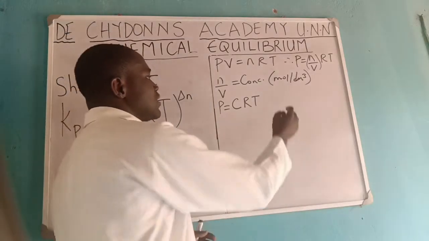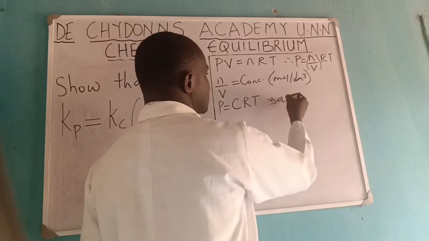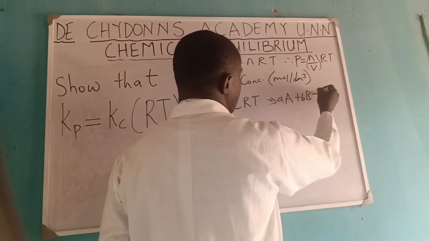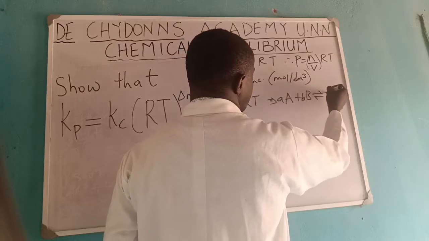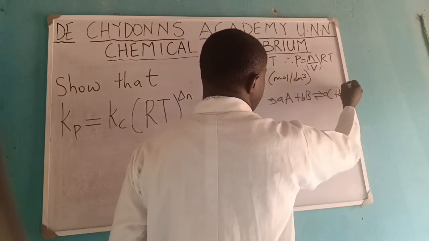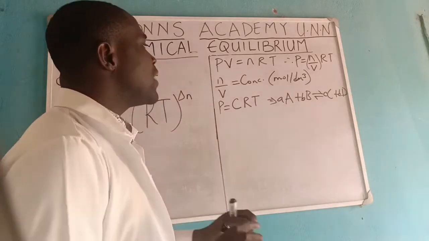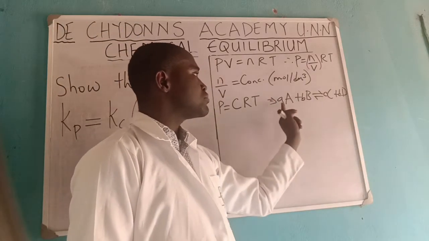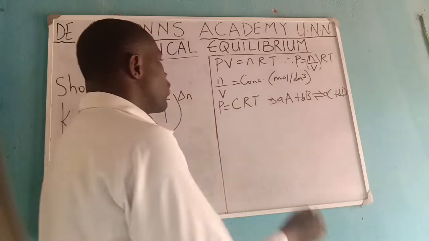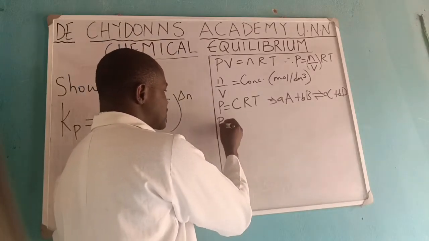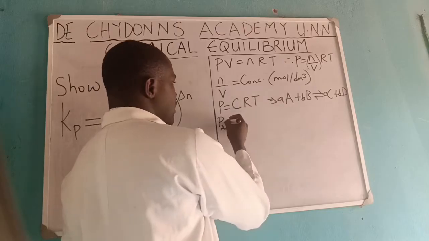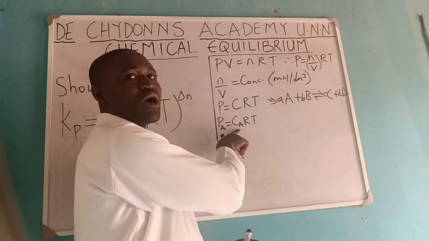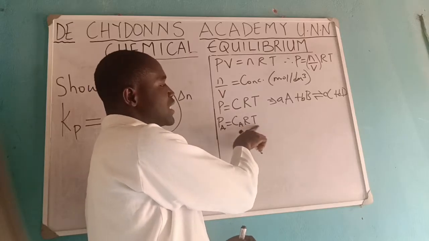Next, recall we have this. Let's take this to be our reaction: aA plus bB gives cC plus dD. It means that the partial pressures of each of these reactants and products will be represented as PA equals CART. It is only their concentration that will be changing. This will remain constant.